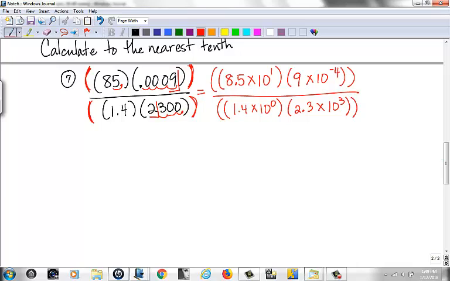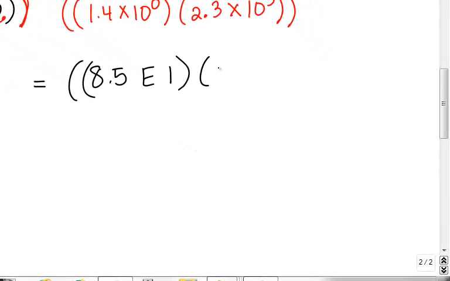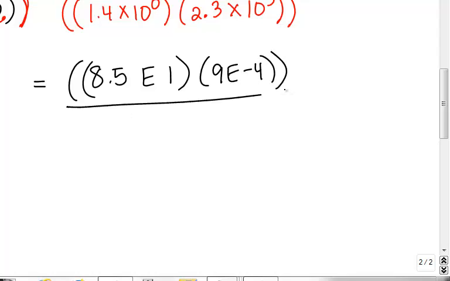That might not work. Negative exponent. Ooh, we'll see. But I'm in scientific mode now. 8.5, and then e to the first. And then I have 9 e to the negative 4. Okay, now let's put in the bottom.